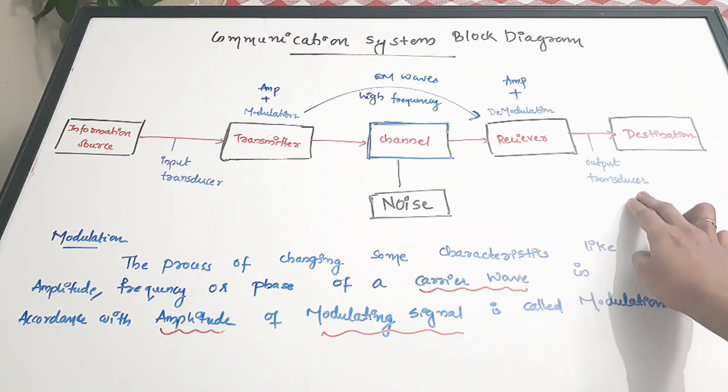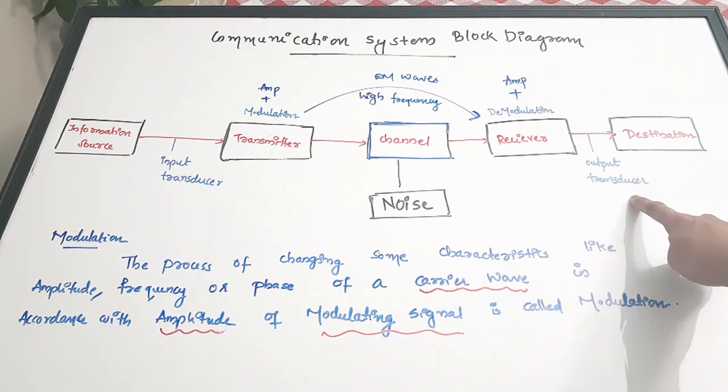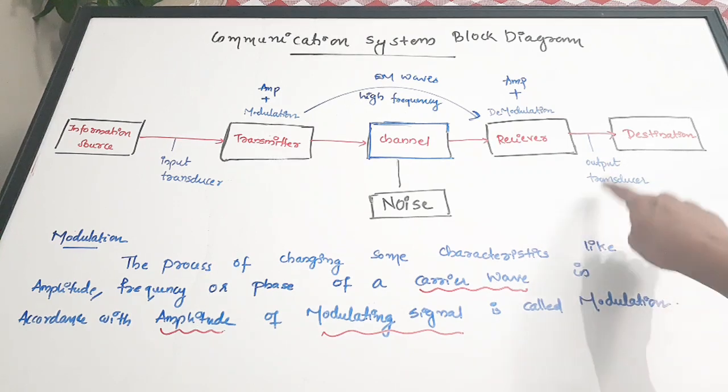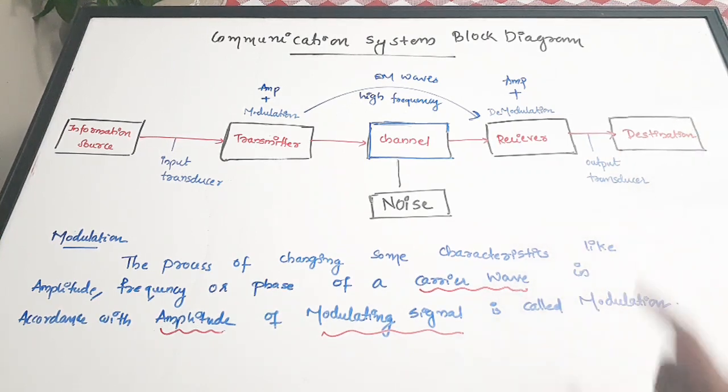It will produce an output, and the output of this transducer is given to the destination. So these are the various things happening in a communication system block diagram. The basic elements present are information source, transmitter, receiver, channel, and destination. So this completes the block diagram of a communication system.